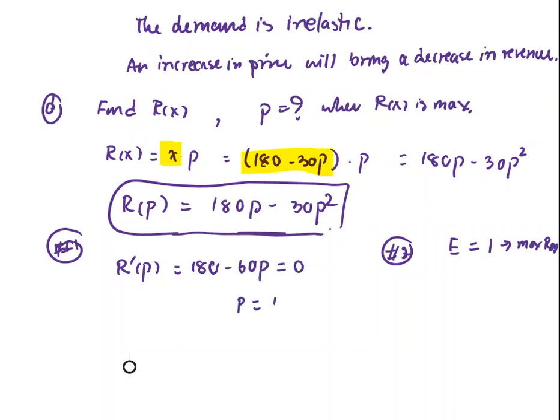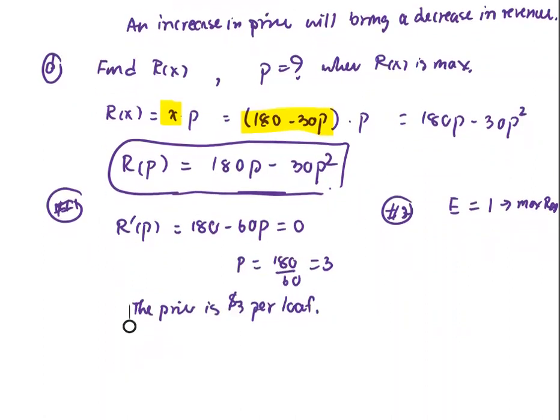We get p equals 180 divided by 60, or 3. That means the price per item will be $3 per loaf. That will give you the maximum revenue. You can verify by using the second derivative test, as R double prime equals negative 60, which is less than 0. The graph is concave down, so it will reach the maximum at this price.